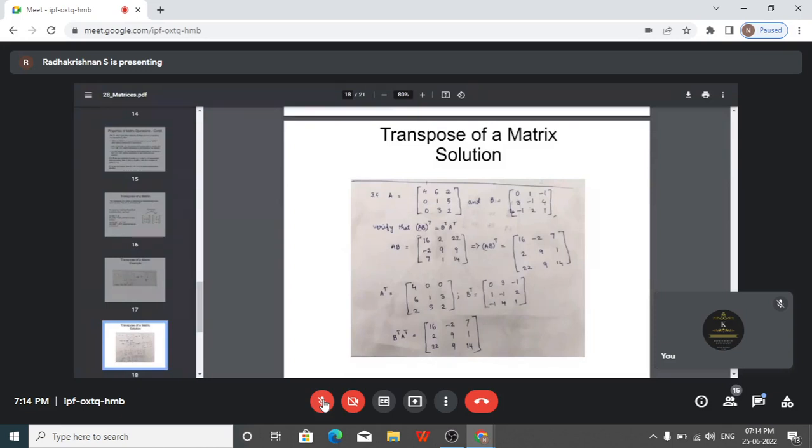So like that you will see that the same operation only we are performing. Whether you do it in this sequence or that sequence, whatever result you get, the same thing will be. That is why AB whole transpose is equal to B transpose A transpose.